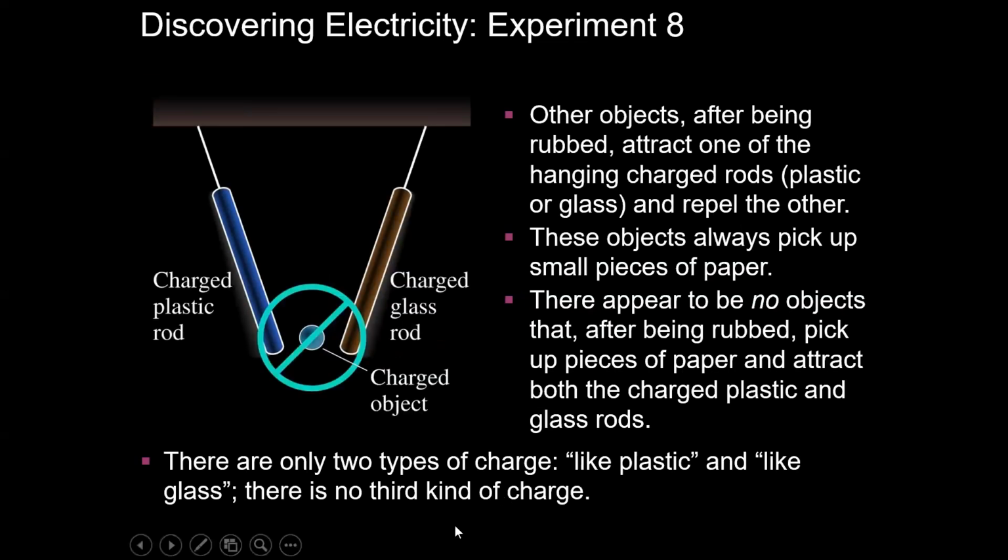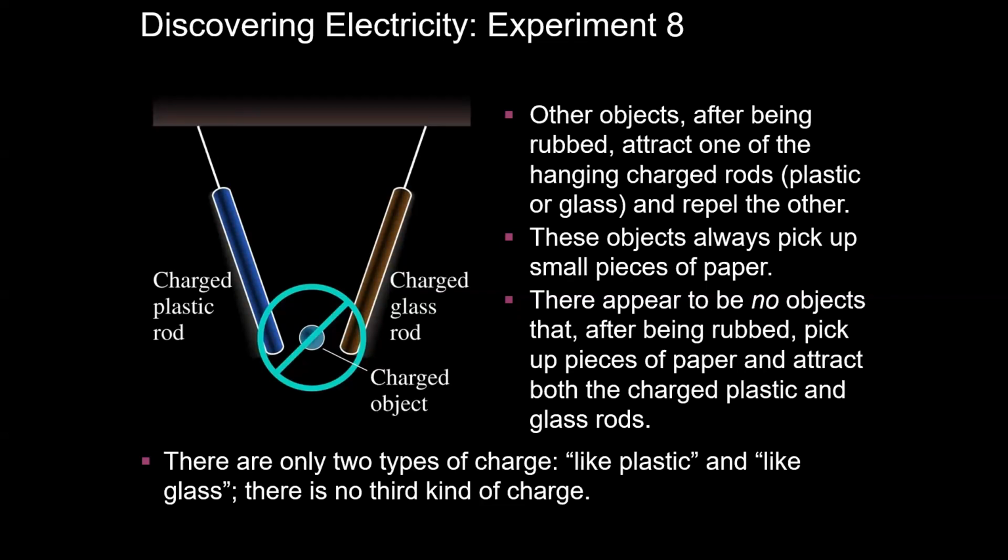Here's the smoking gun, though, for why you have only two types of electric charge that we see. If you go back to that imaginary table that I mentioned a few minutes ago, if you were to tabulate or think of all the pairs of objects that you can bring together if they have been rubbed together, right?